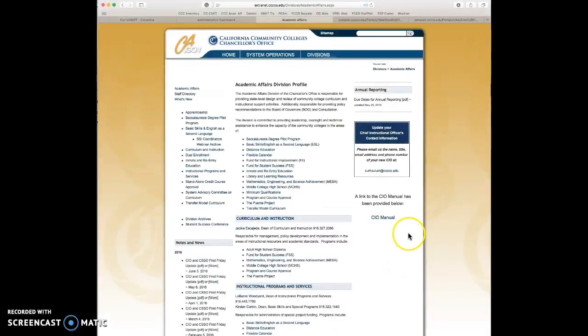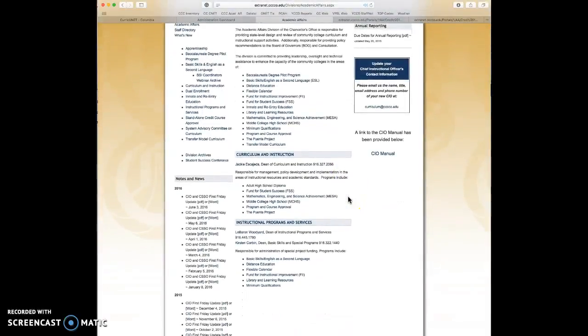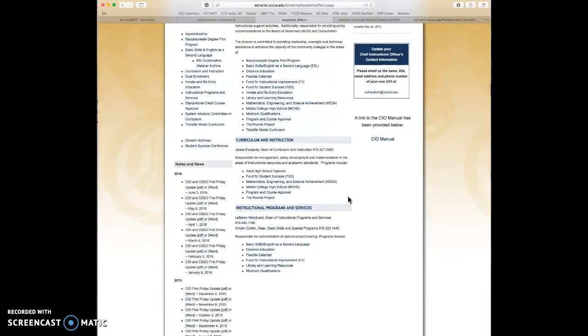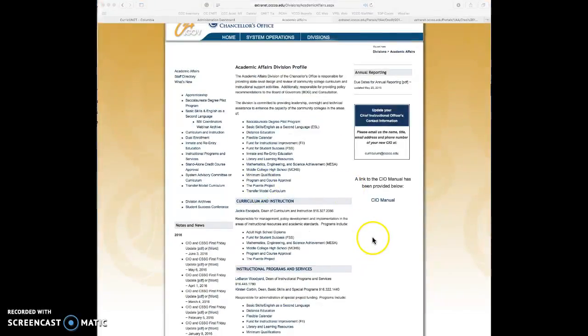But here, in program and course approval, the one resource I really want to drill into right now is the, let me see, oh, actually I'm on the wrong page. Actually, I am fine. What we want to do on the Academic Affairs Division is go to program and course approval.